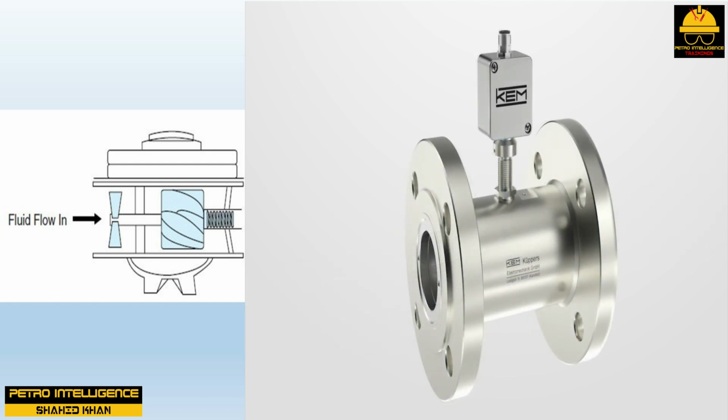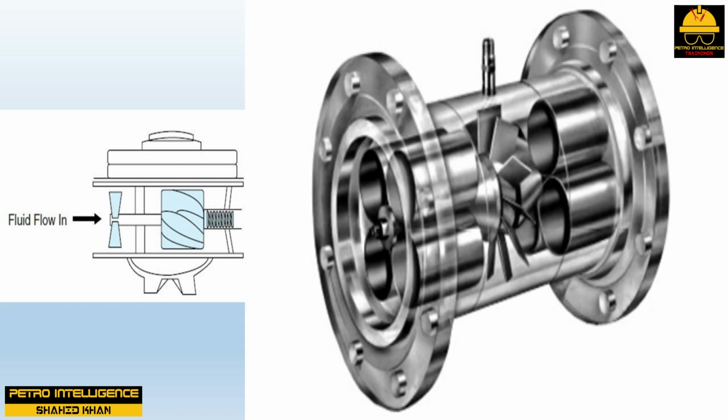Flow velocity is the actual speed of the fluid, measured as distance per unit time, for example, feet per second. Flow rate is the total quantity of liquid that passes a specific point, measured as volume per unit time, for example, gallons per minute. Turbine flow meters are accurate over a wide range of flows.